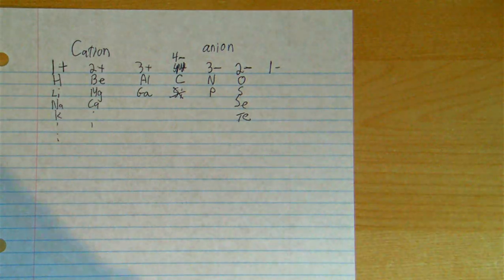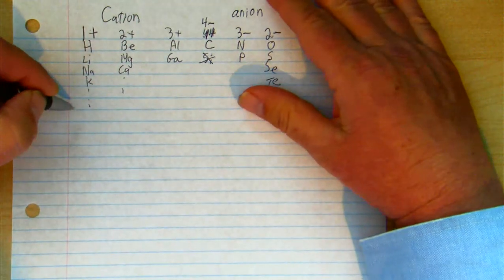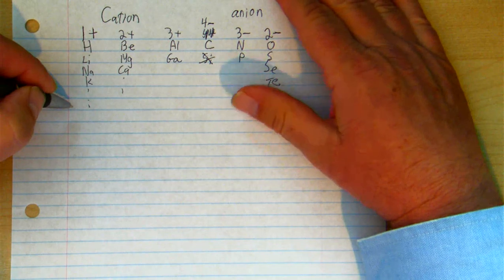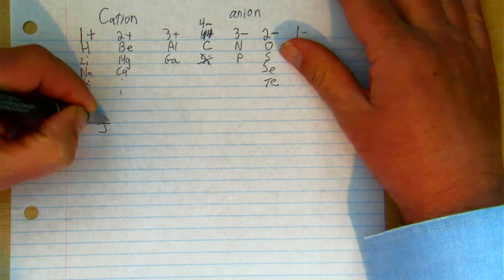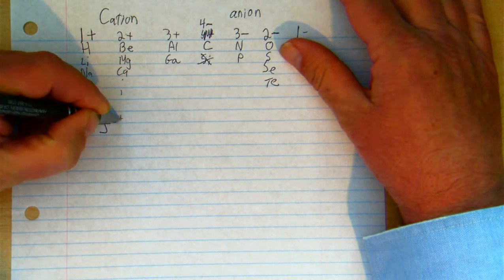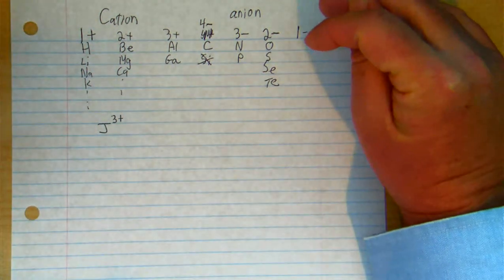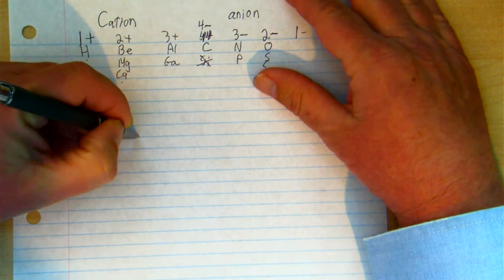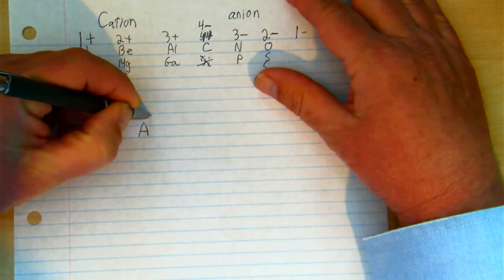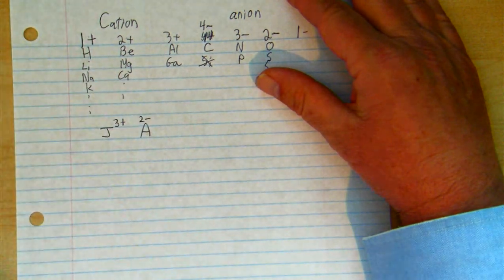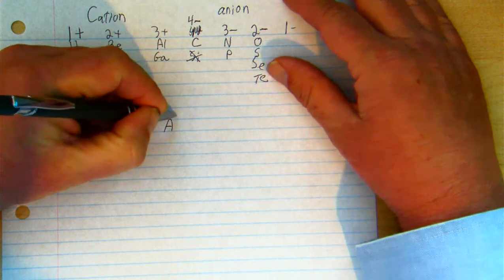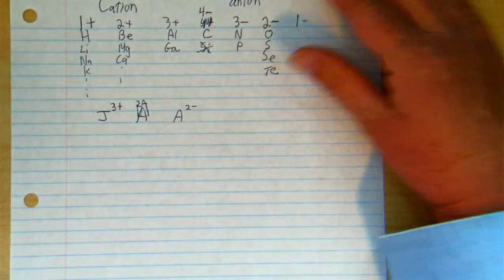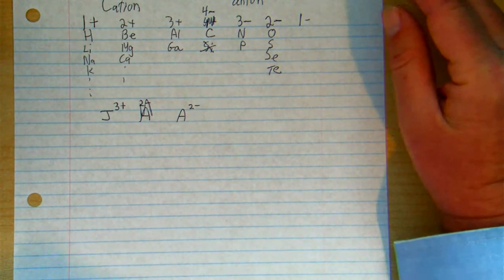So I'm going to make up a problem and say, suppose I have element Giselle, and Giselle is always a 3+ charge. And I have element Amber, and element Amber is always a 2- charge. That should be a superscript to the right. I just didn't write the minus sign far enough to the right. Okay, and so Giselle and Amber are going to get together to create a molecule.